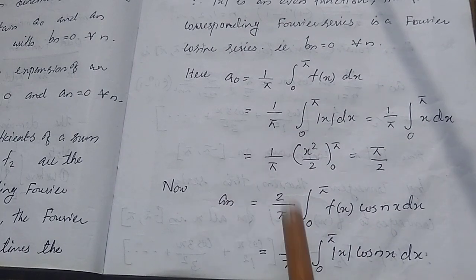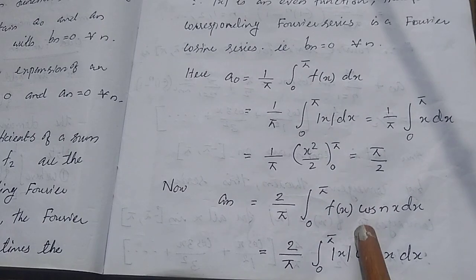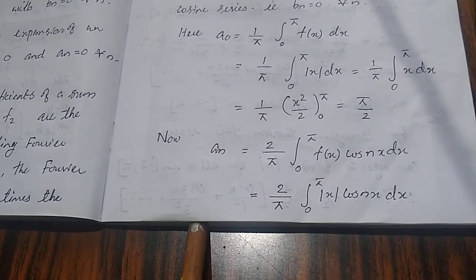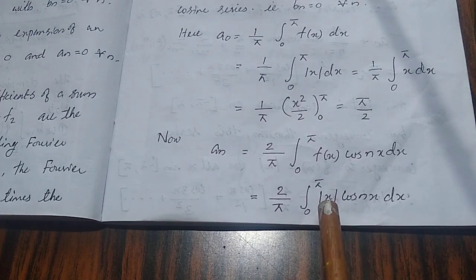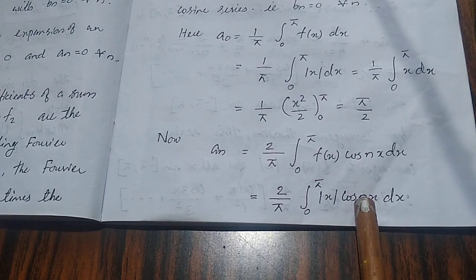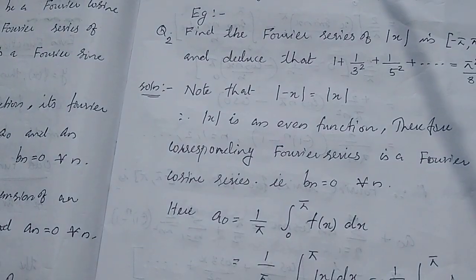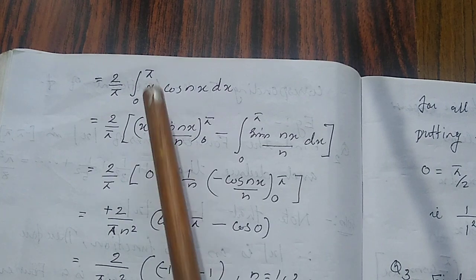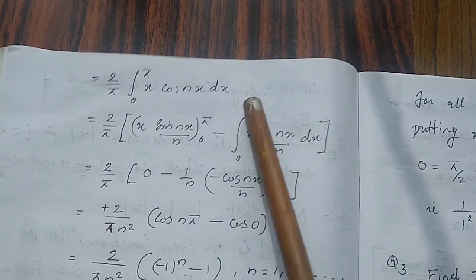So the formula becomes 2 by pi integral 0 to pi f of x cos nx dx, where f of x is mod x times cos nx dx. But again, in the interval 0 to pi, mod x is x. So our integral is 2 by pi integral 0 to pi x cos nx dx.